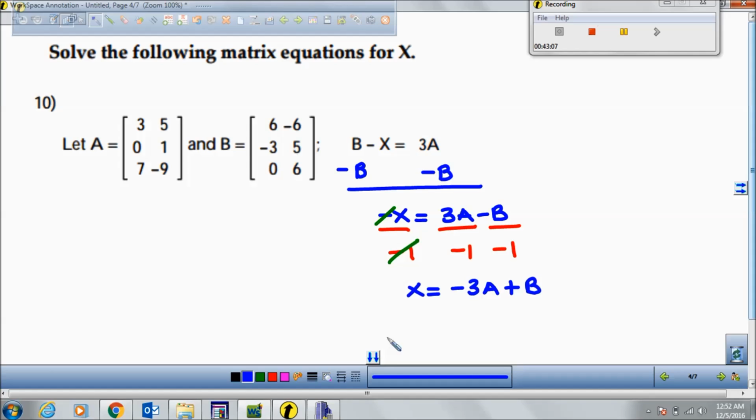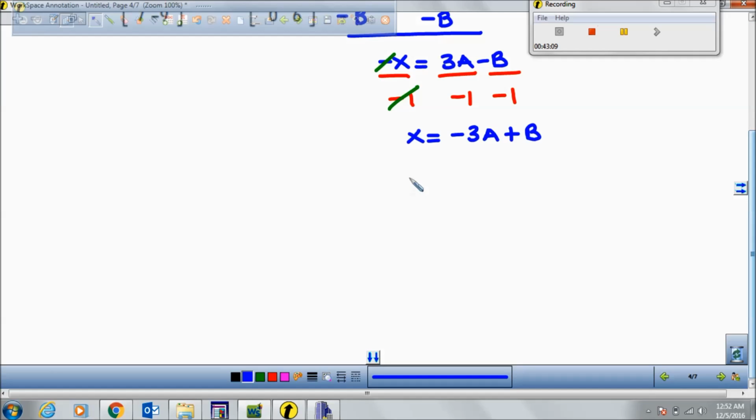So into this equation, we're going to substitute. So I'm going to go here to this side. Negative 3 times a plus b. Negative 3 times what's a?